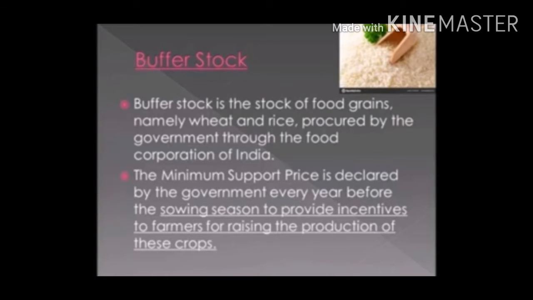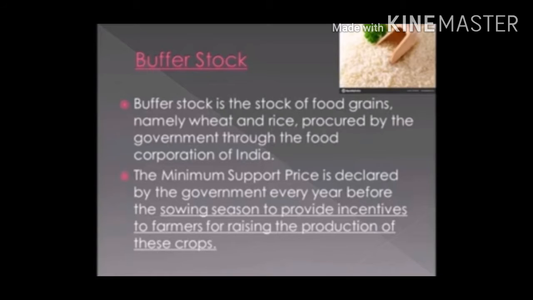So the farmers are paid a pre-announced price for their crops. This price is called minimum support price. The MSP is declared by the government every year before the sowing season to provide incentives to farmers for raising the production of these crops.